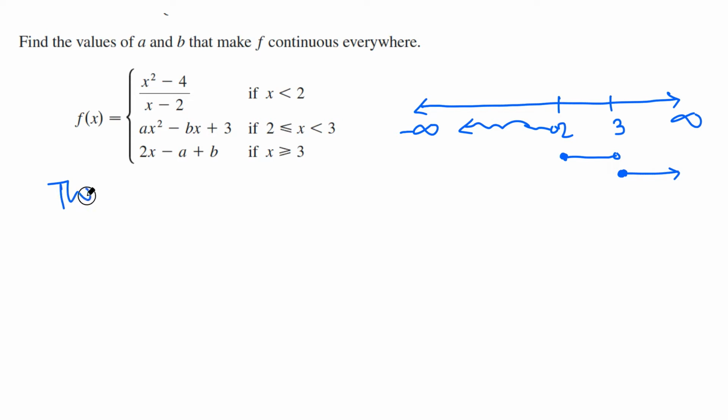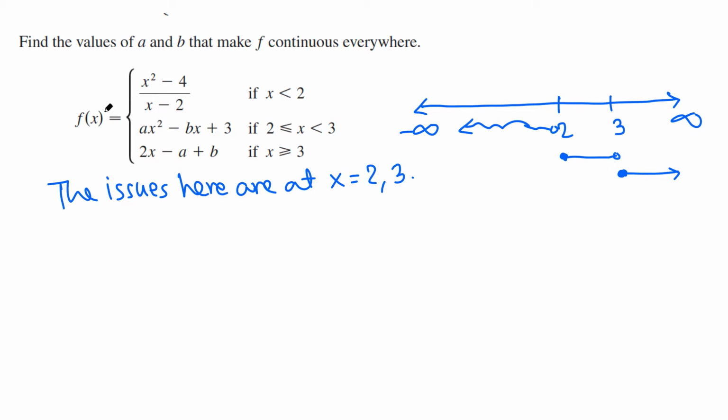So the issue here, there are two places, at x equals 2 and 3. And for a function to be continuous, we need to satisfy three conditions. At least the limit at those x values should exist. Limit exists means left hand limit should be equal to right hand limit.